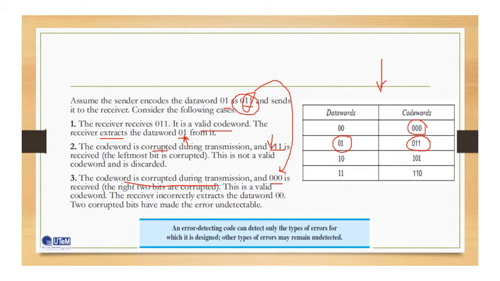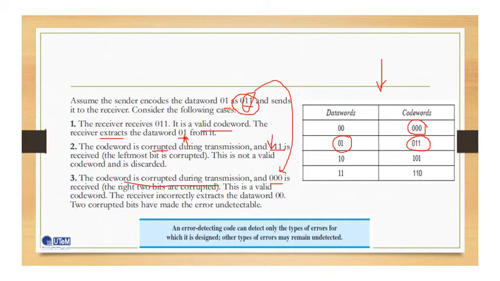The receiver will accept the incorrect code word, will accept the wrong code word, because the code word is in the list.